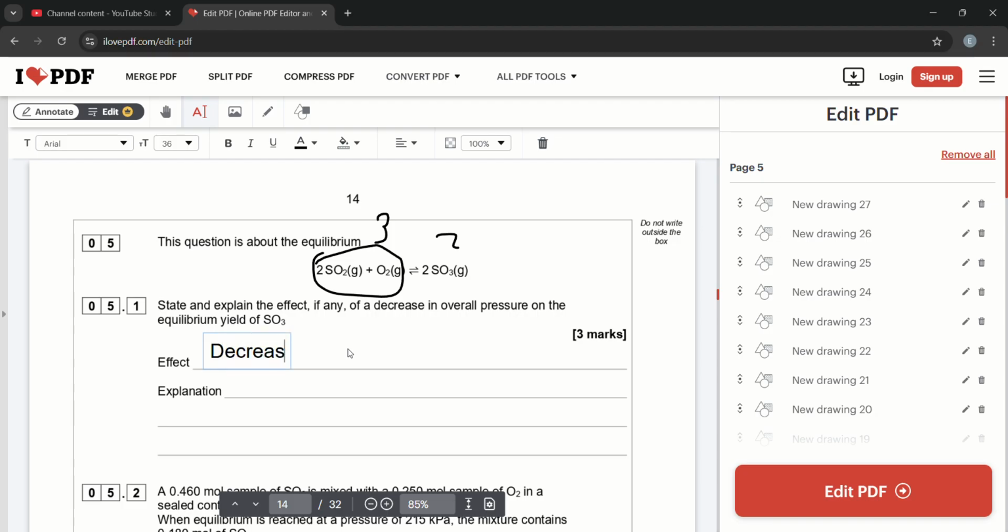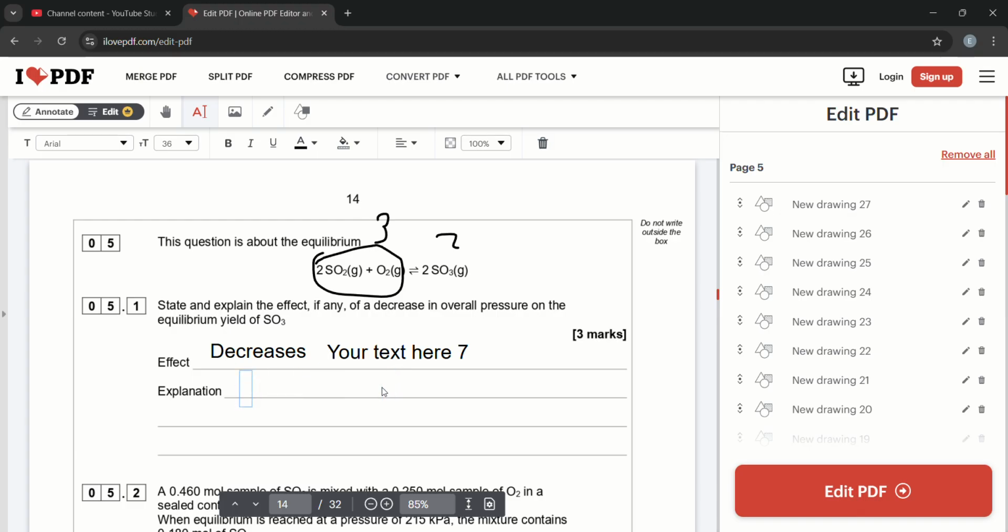Because think about it, equilibrium is products over reactants. We're going to have more reactants compared to products. And then the text, why?